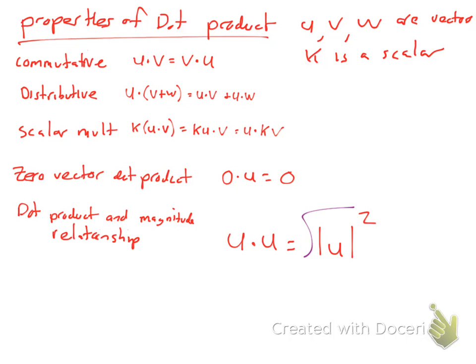Square root, right? Square root, square root. So if I did that, wouldn't that be the square root of U dot U equals the magnitude of U? That's the same formula, I just square rooted both sides. In our problems, I'm going to ask you for the magnitude of a vector given or finding it based off its dot product. So you're going to take the dot product with itself and then take the square root. Done.